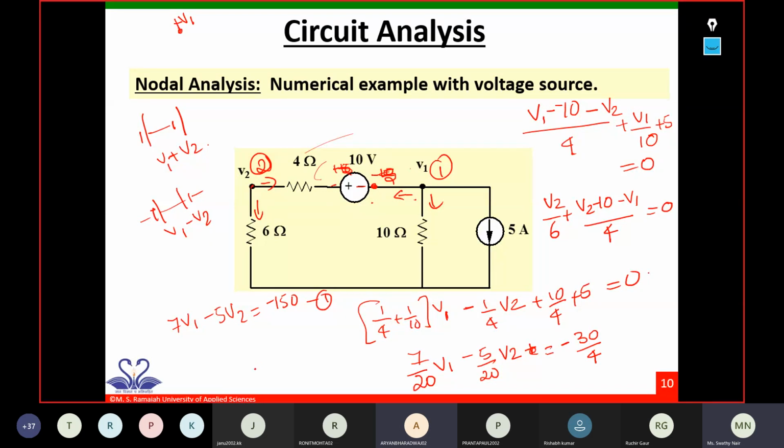Is this the first equation you got? Yes, ma'am. Second equation? 6 V1 minus 10 V2 is equal to 60.